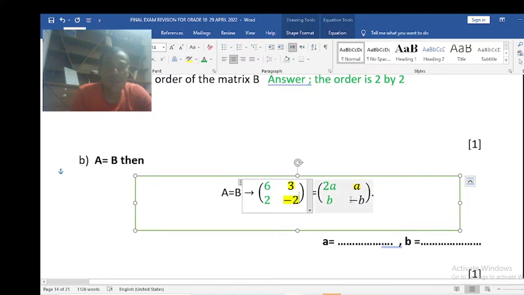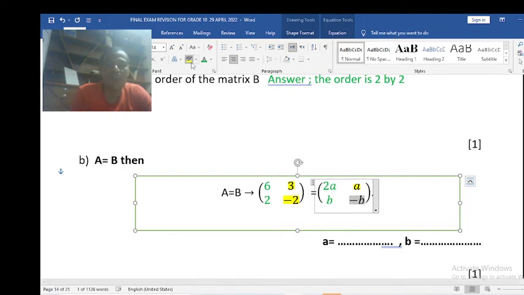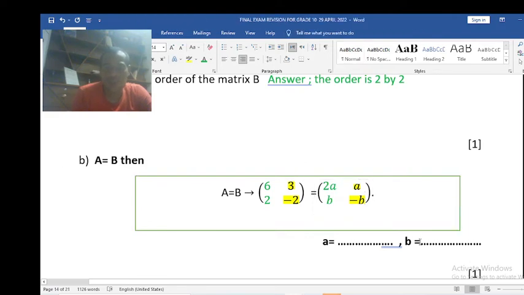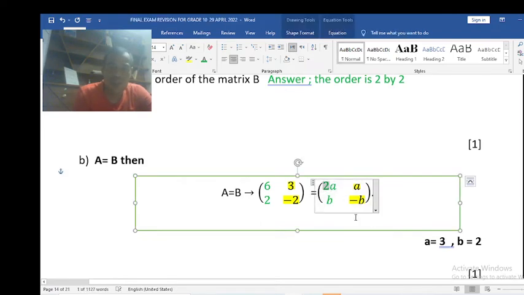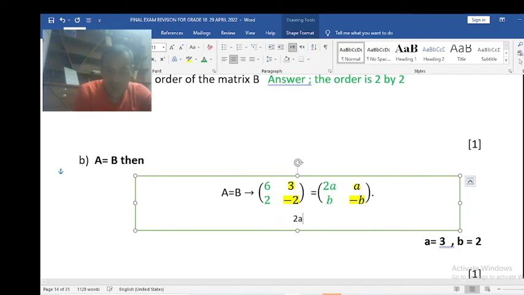So we can cancel the negative sign, or divide both sides by -1, or multiply by -1. So it's clear that B is equal to 2 and A is equal to 3. Why? Simply because 2A equals 6 means that A equals 3.